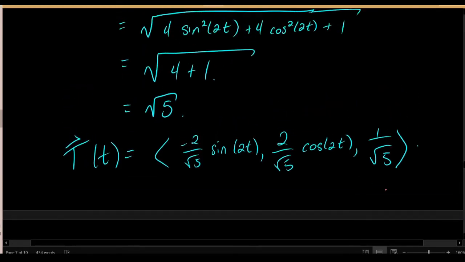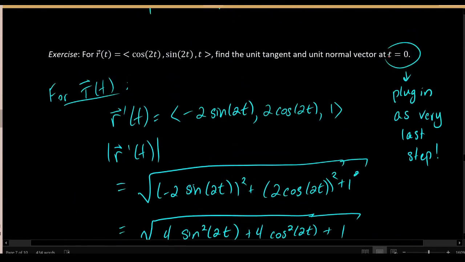This is a formula that can be used to produce the unit tangent vector at any given time. For example, we could plug in t equals 0 to find the unit tangent vector at that time. But I'm not going to do that yet because I still have additional work to do with the derivatives.